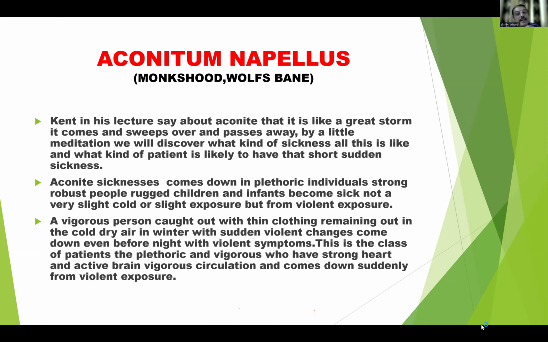What is the pace? What is the amount of quanta that was given as a causation? It is not a slight, light exposure. It is a continuous, violent exposure. And the pathology which is going to develop is also violent. It is not like 99 in the morning, at afternoon it will come to 100, in the evening 102, and the next morning 104.